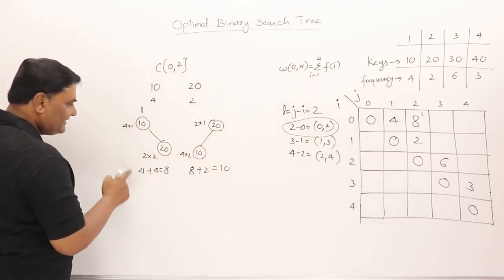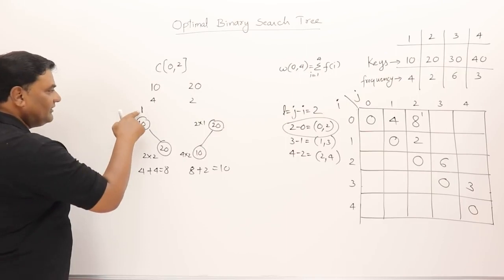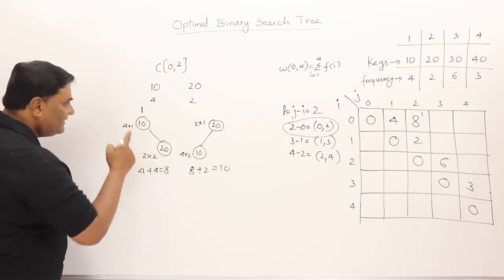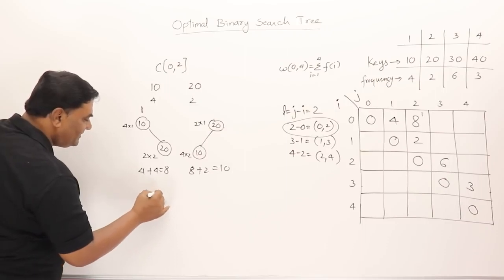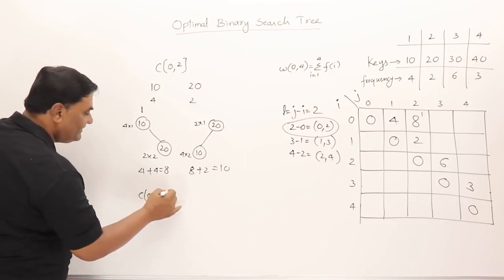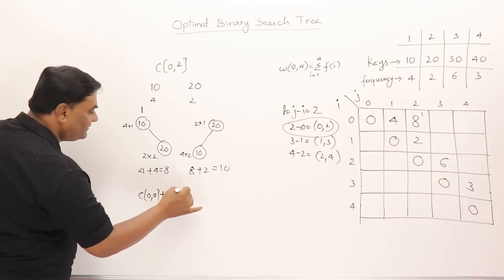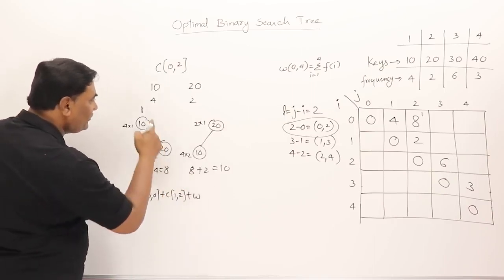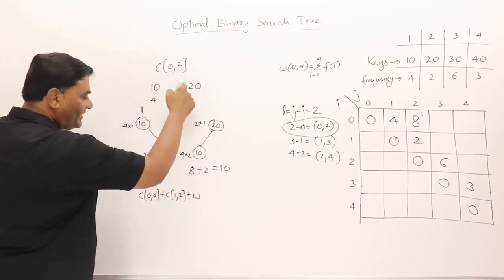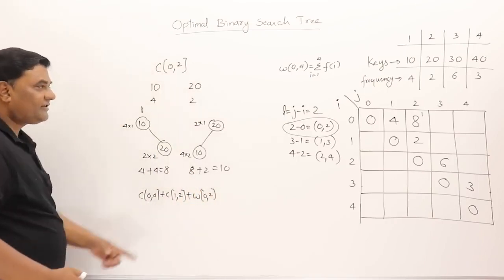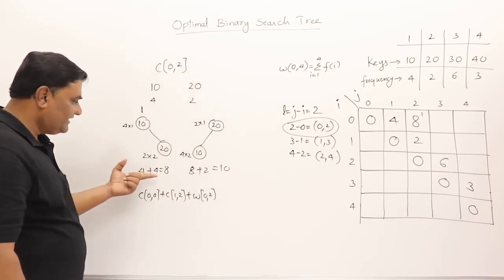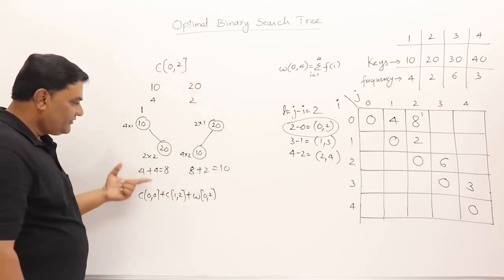See, the cost is 8 I got. Now here I was taking root as 1. So this is C of 0 comma 0 on the left hand side, then C of 1 comma 2 on the right hand side, plus weight of 0 to 2, right? So this is 0 to 2. Let us check from the table what we got. Will we get this value as 8 or not?